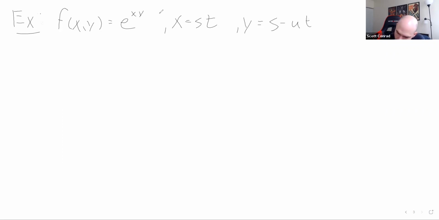So here's an actual example with actual numbers. Suppose f of x, y is e to the xy. And suppose x and y are both functions of s, t, and u. x is st, and y, oh sorry, x is st and y is s minus ut squared.